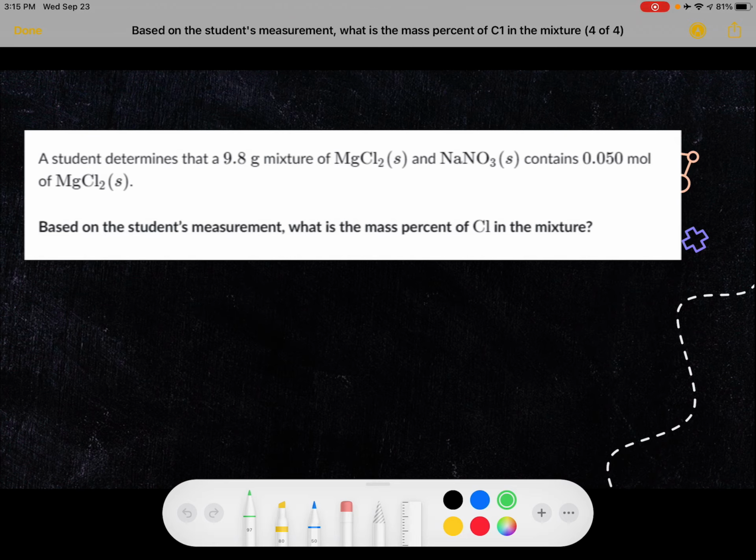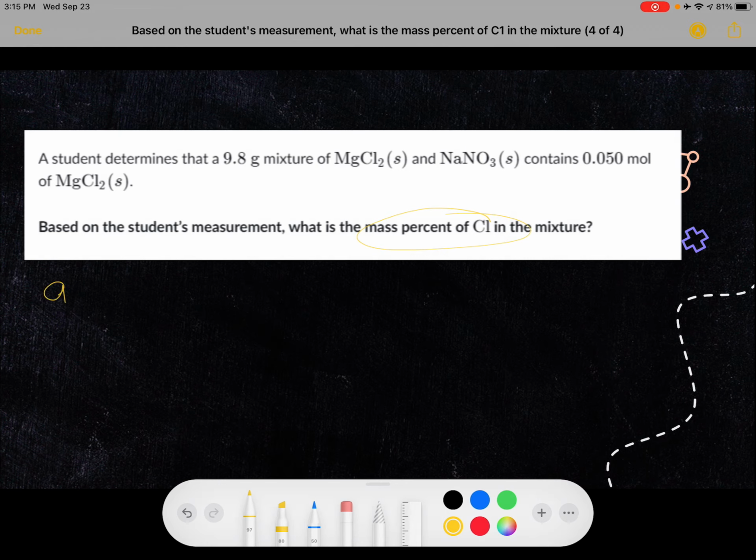Okay, well, how are we going to solve this? The mass percent of a substance can be determined by comparing the mass of the substance in the mixture to the total mass. So I'm looking for the mass percent of chlorine.